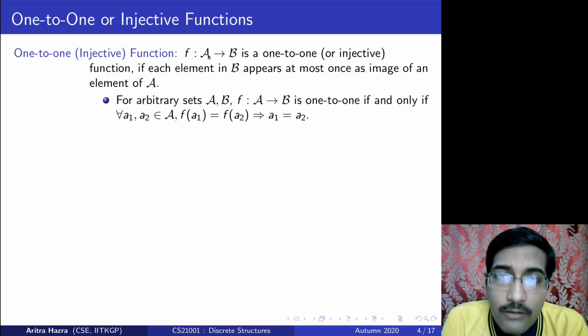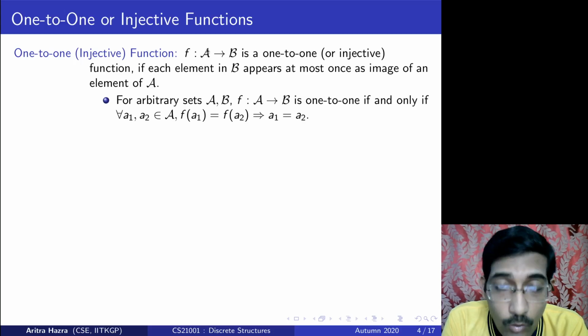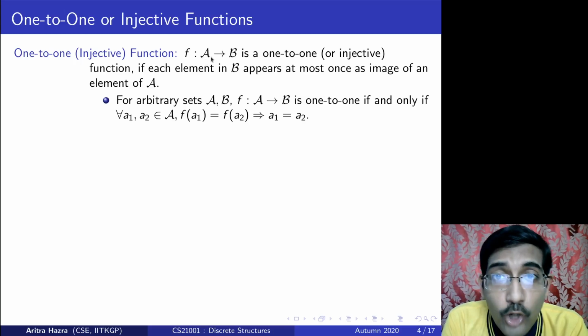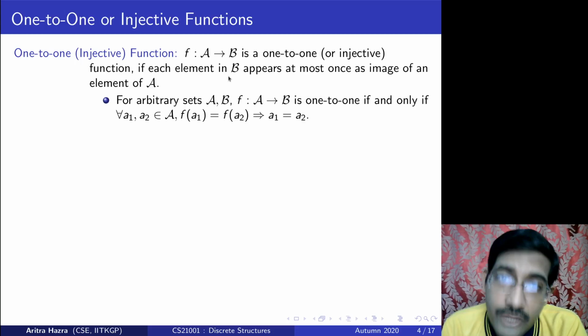Function versus relation: a function restricts that one element in A cannot map to two different elements of B. That is the restriction driven by the definition of a function.